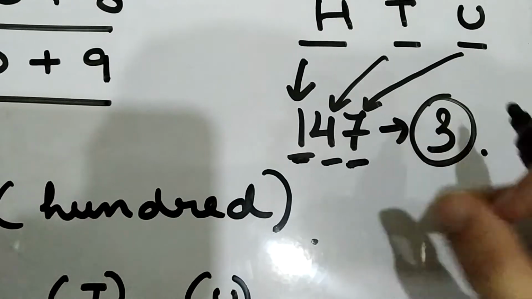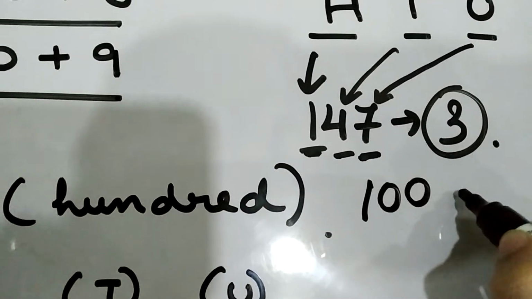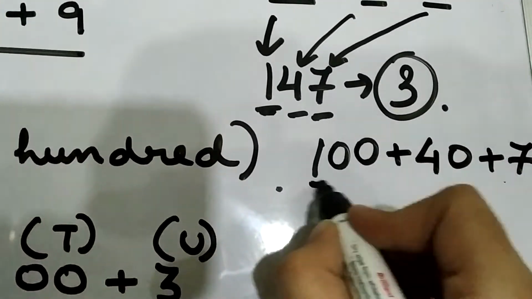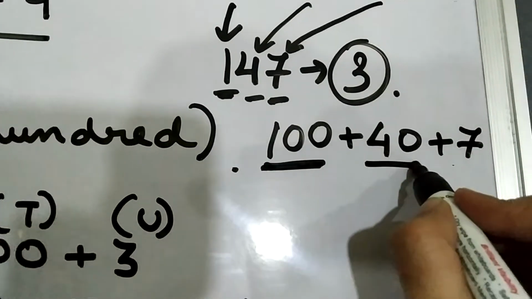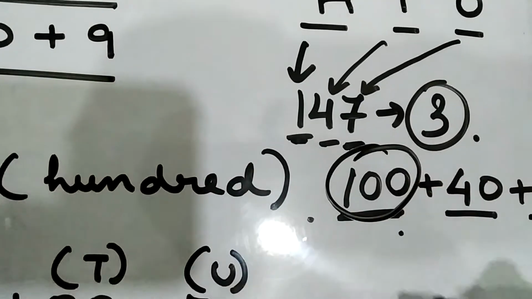It would be written as 100 plus 40 plus 7. This 100 will be the common factor. You just have to change the tens position and the units position.